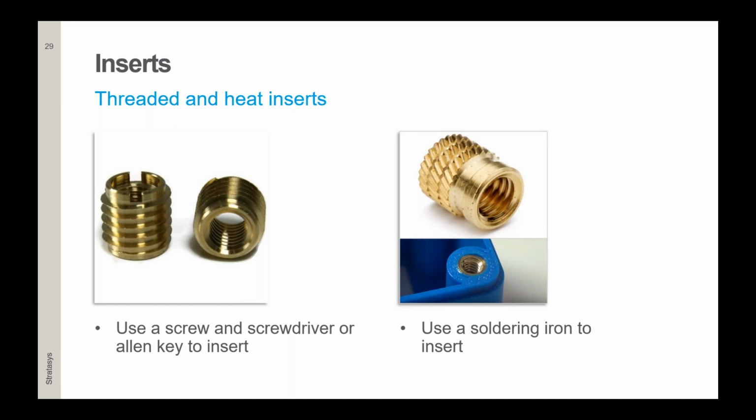However, those materials have quite a high thermal resistance, so it will be a little bit harder to push them in. The material would not melt as easily as, let's say, ASA, ABS, or other lower temperature materials. It's absolutely possible, but you need to use a little bit more force to put them in.